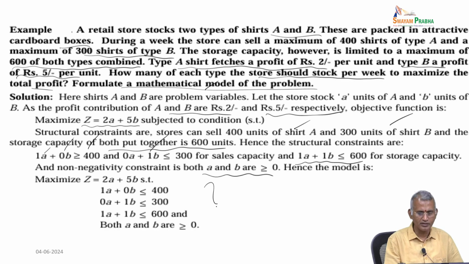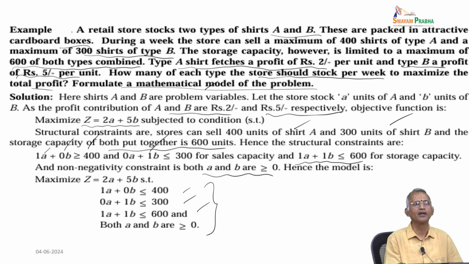Hence, the model is Z = 2A + 5B such that 1A + 0B ≤ 400, 0A + 1B ≤ 300, and A + B ≤ 600, from the above analysis. Therefore, both A and B are positive.